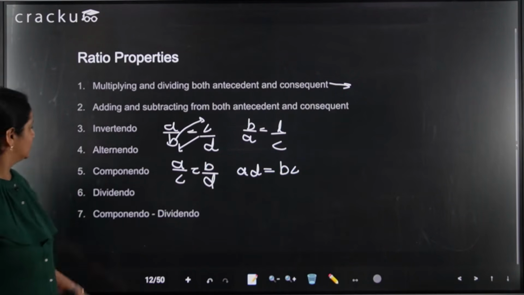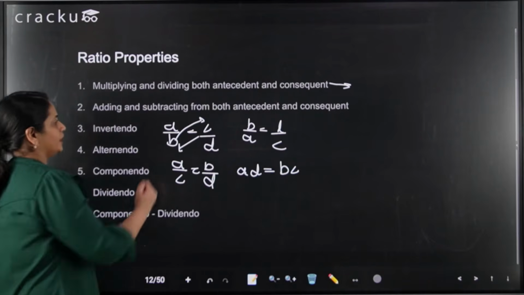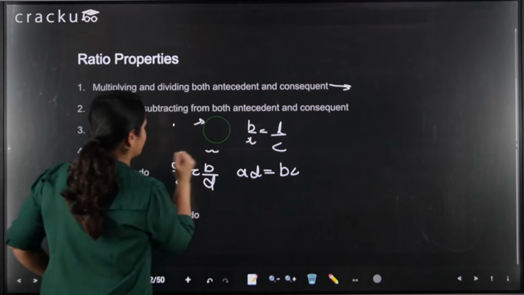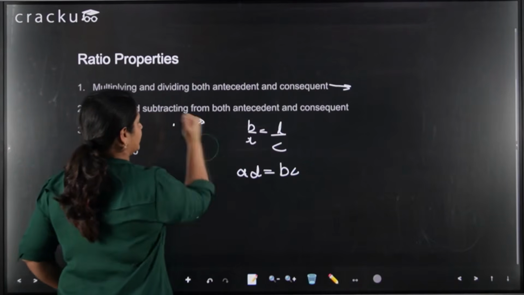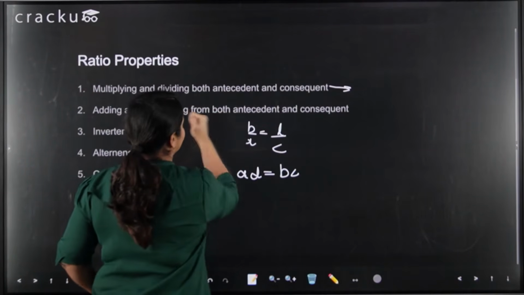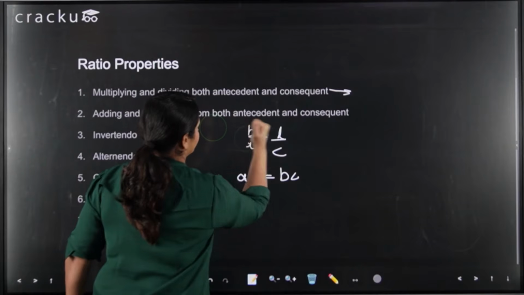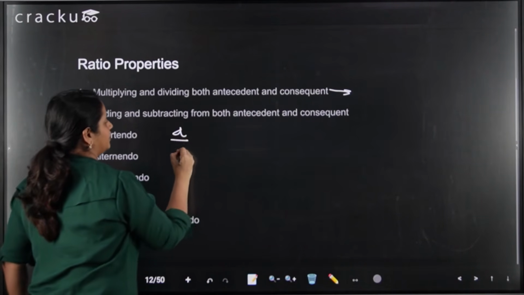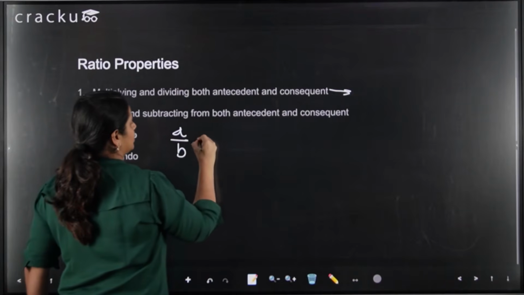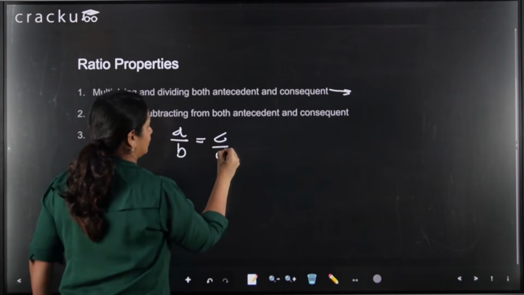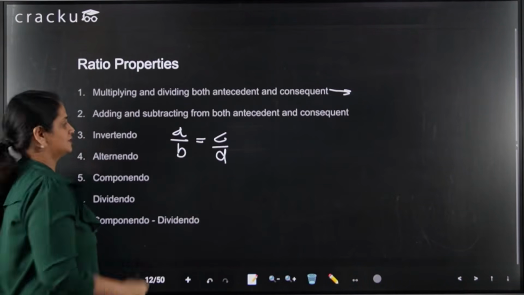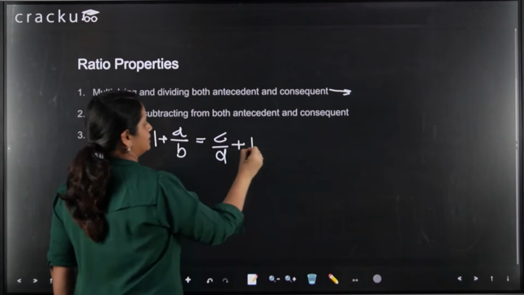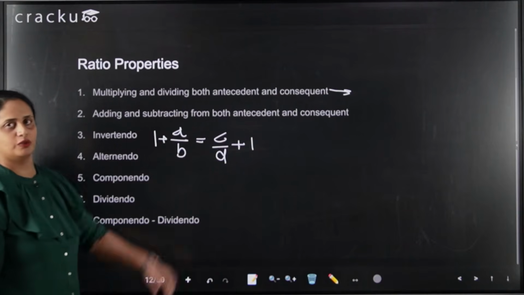That's all it is. Componendo. Componendo is slightly different. Sometimes some people will understand it quickly, sometimes some people will not get it. So I'll tell you in its basic form what it is. If A by B is equal to C by D, add 1 to both sides. 1 plus A by B is 1 plus C by D. I've added 1 to both sides.